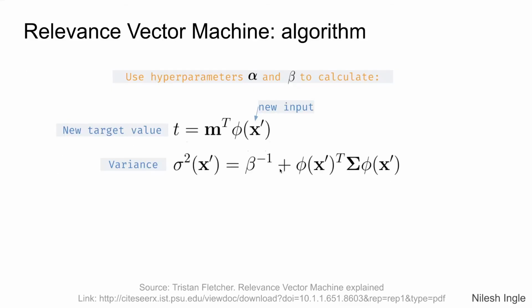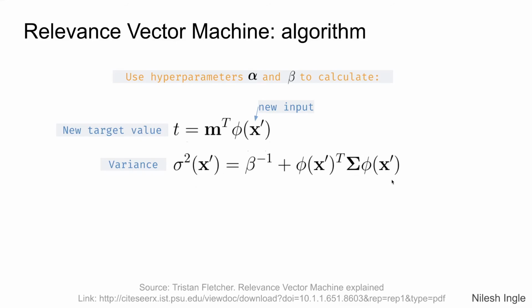In this particular case, once we have the final values of alpha and beta calculated, those can then be used by this equation to calculate the new target value. And again, the new target value would be a distribution rather than a single data point. We also have the variance associated with the new input, which is given by this equation.